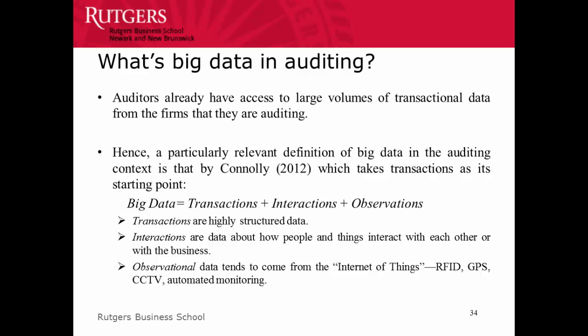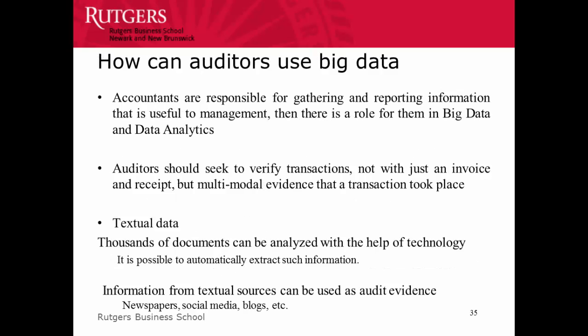This is a kind of data similar to social media, social networks, or corporate emails. And the last type is observational data, which tends to come from the Internet of Things, such as RFID, a small chip placed in almost every product to uniquely identify that product, and also GPS, CCTV cameras, and automated monitoring.